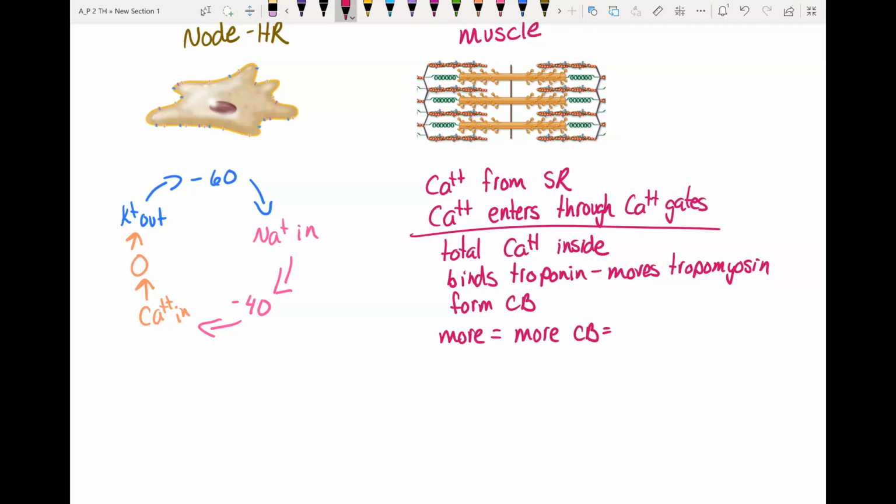The more cross bridges you have, the more force you have. And the harder the heart squeezes, the higher the stroke volume. So you control your stroke volume by controlling how much calcium enters. This one right here is how you alter your stroke volume.